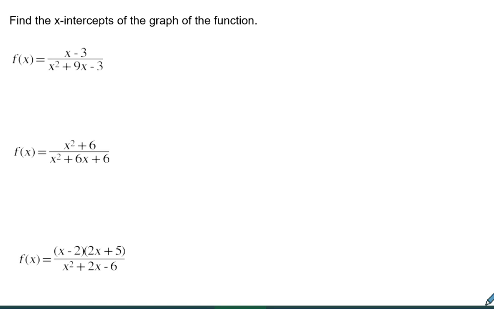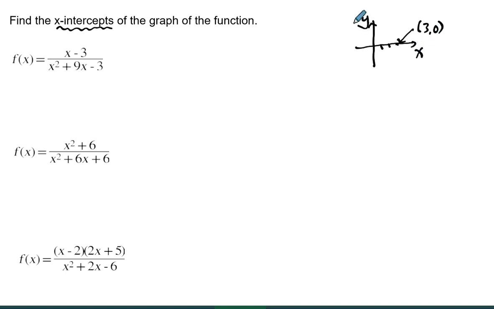Let's look at the question here. Find the x-intercepts of the function. And here we know points on the x-axis, for example, here you would denote as 3, 0.